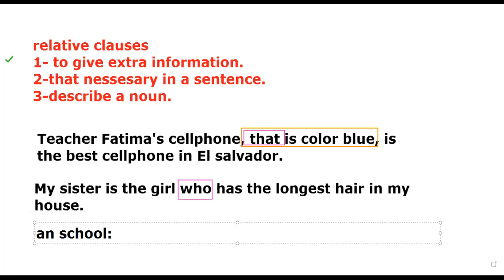Jimmy, ¿qué es una escuela para ti? Ok. Daniel, ¿qué es una escuela? ¿En serio? Ok. And that is for you.